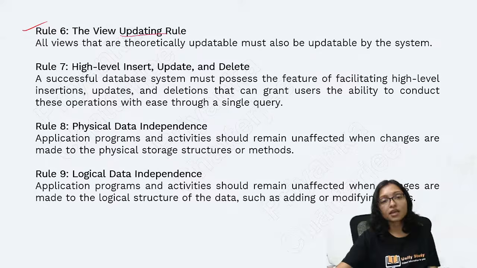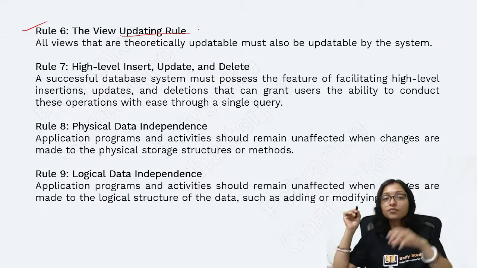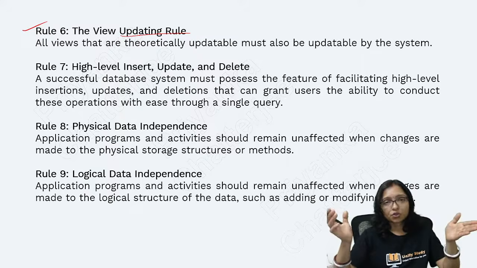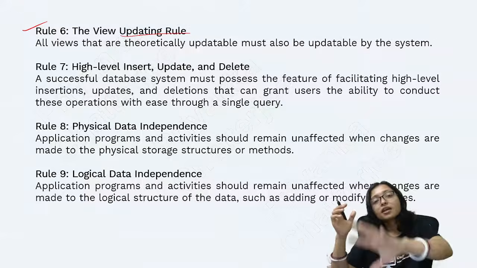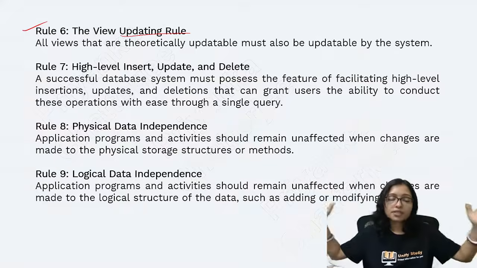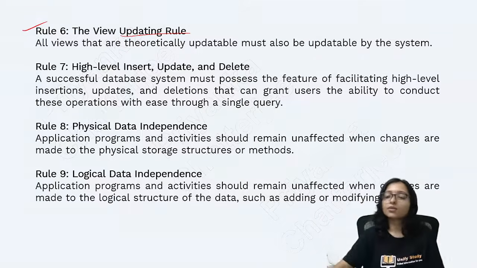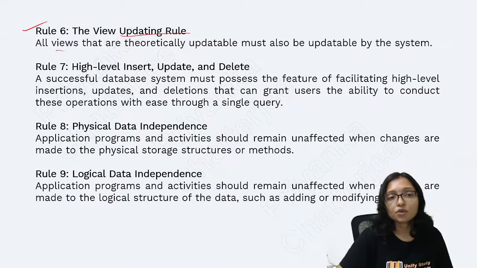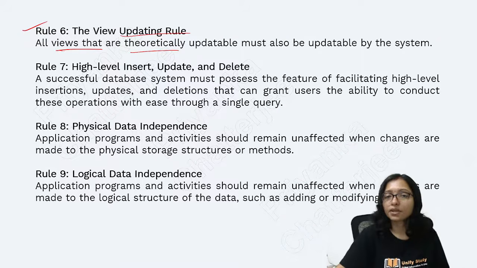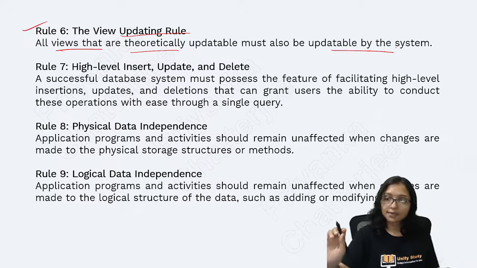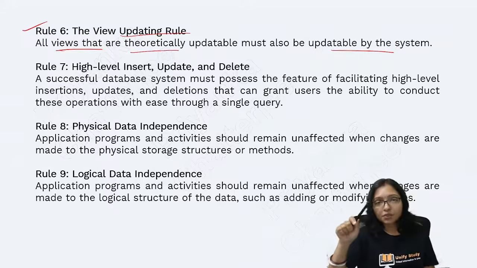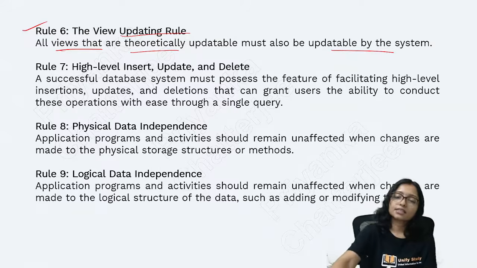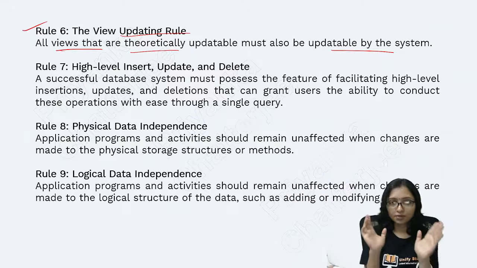Rule 5, view updating rule. We can create a view of the database also. The original database is there, a huge database. Out of that, some part I want to show to the user. That is called the view. A view should be theoretically updatable, and also updatable in the system. View is not a physical existence. There is no physical existence of the view.